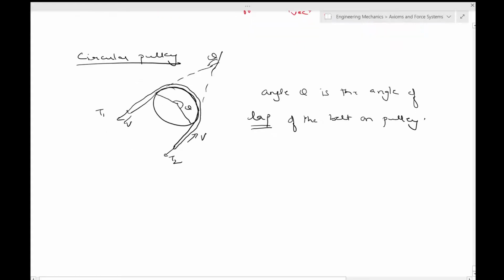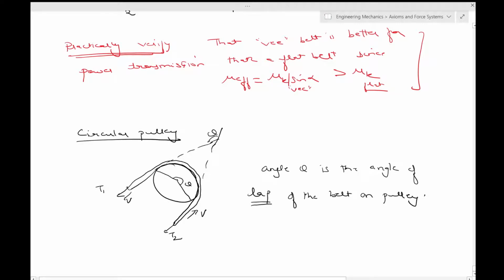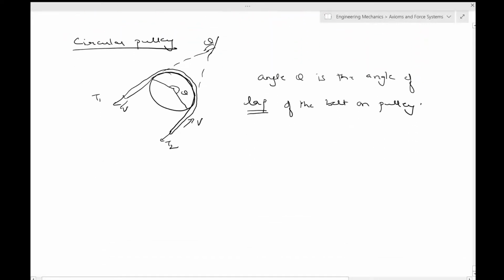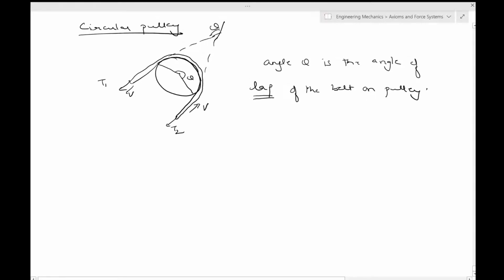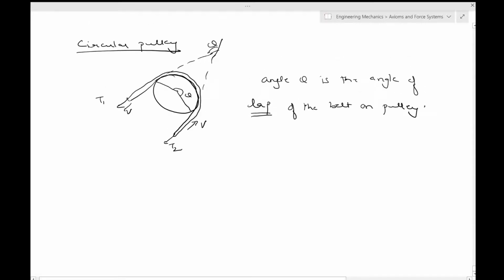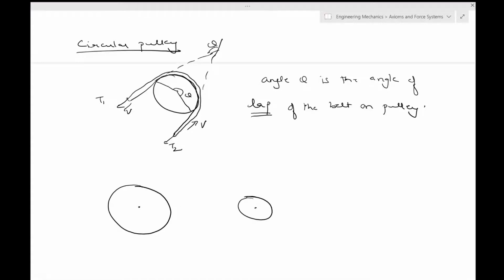Now let's see how power transmission happens. We have already seen a statement, but by this time you should have known. In power transmission, there is a driving wheel or pulley, and then there is a driven wheel or pulley. So let me draw both. The belt, let me put in green.